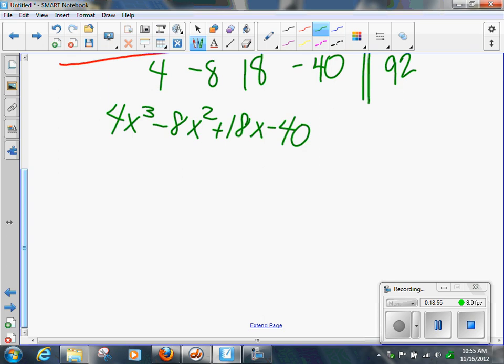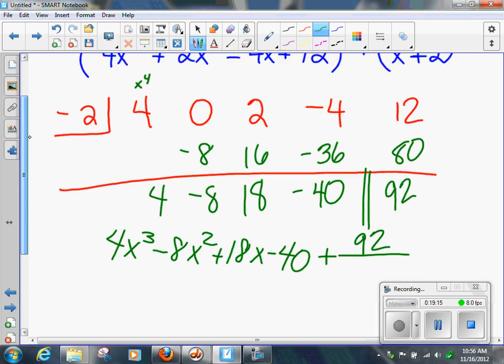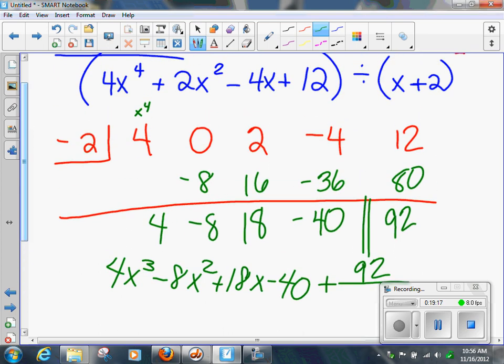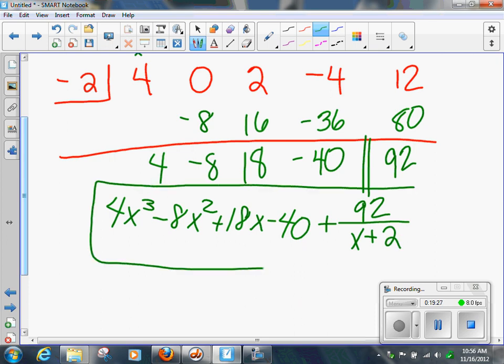You take the remainder, which is 92, and it's positive, so we're going to take plus 92 divided by the divisor. What's the divisor? X plus 2 is the divisor. As odd as that looks, that is the correct answer.